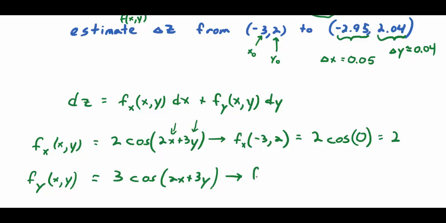And then if you evaluate that at the given values of x and y, what do you get? 3 times cosine of 0, but that's just 3. So these values were chosen because they're nice, right? Does that make sense?